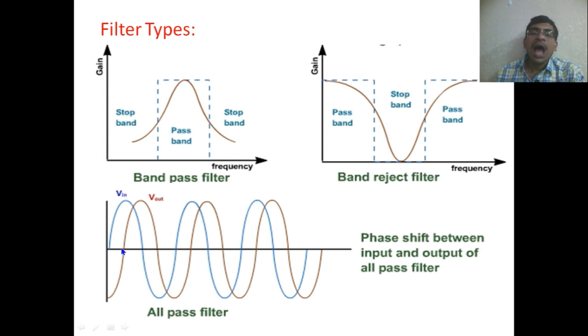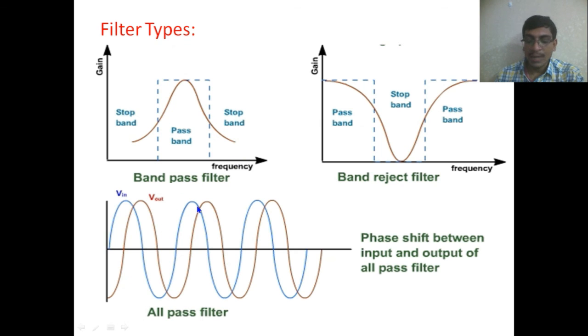So the all pass filter will produce a phase shift, and the amplitude and frequency remain constant. This is used in telecommunications in order to avoid delays.